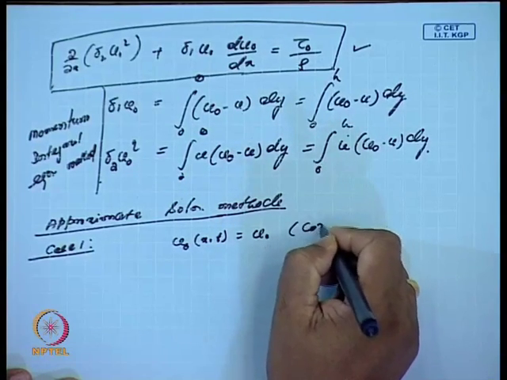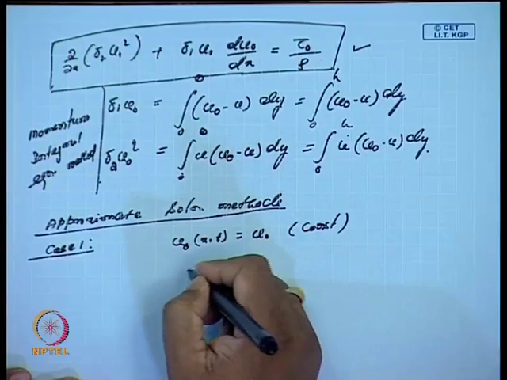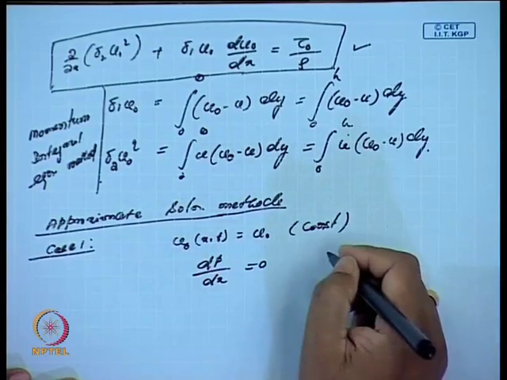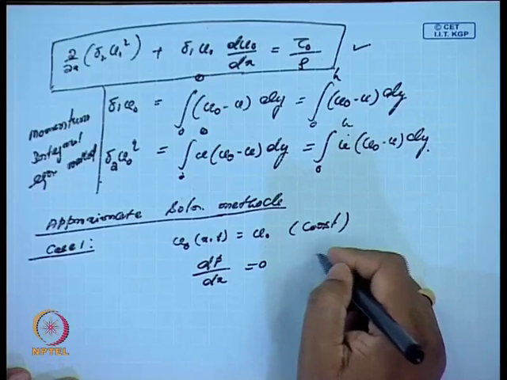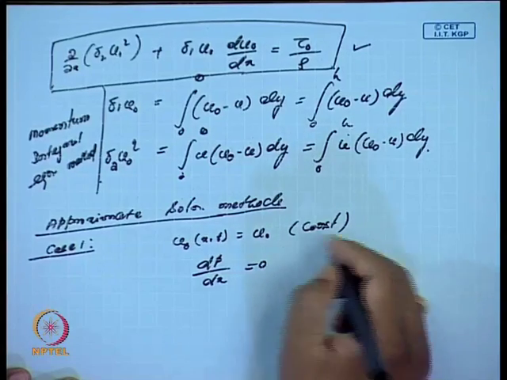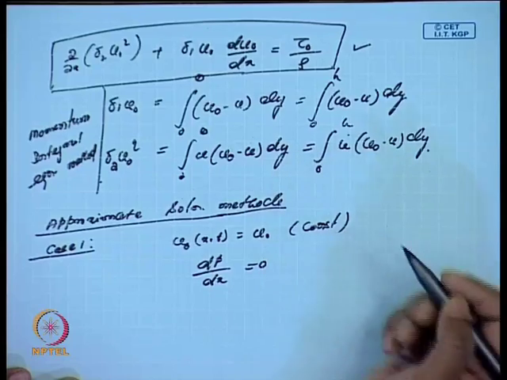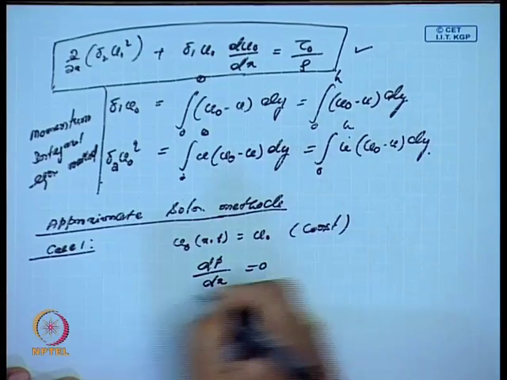If this is constant, it is the same as dp/dx being 0, because u0 du0/dx will be 0.